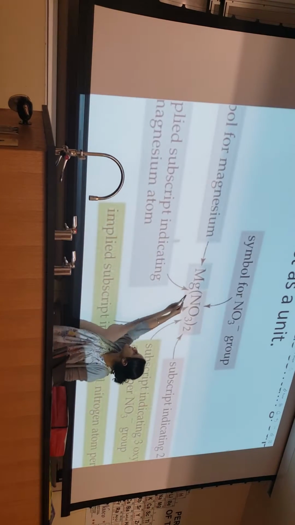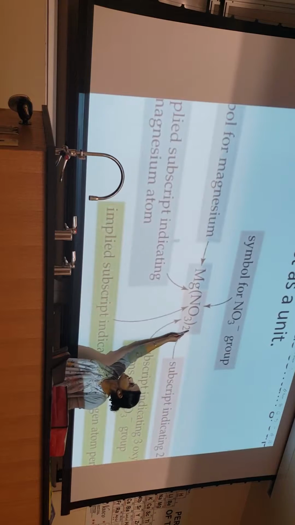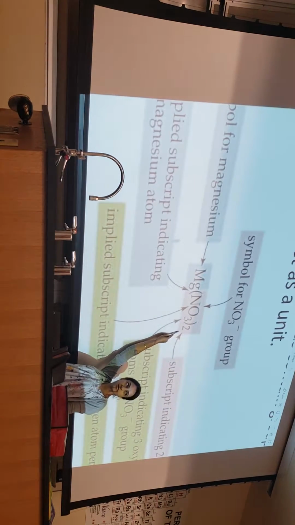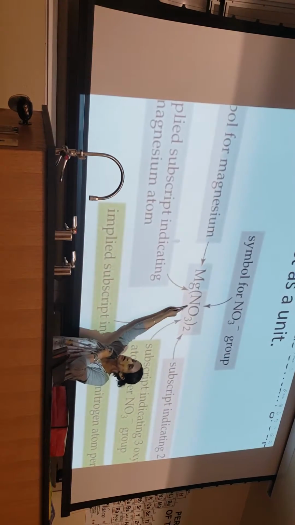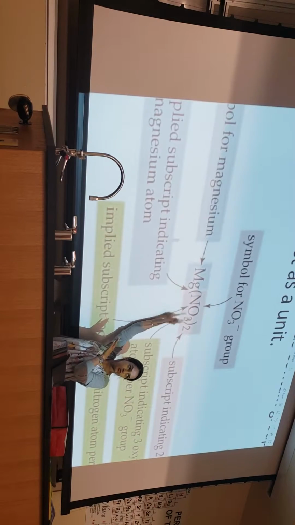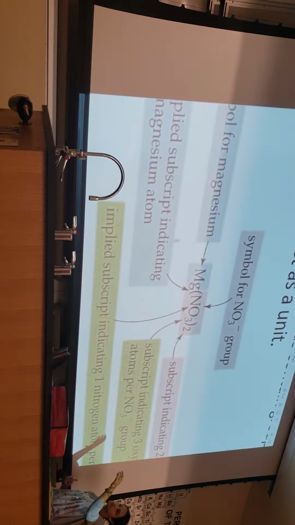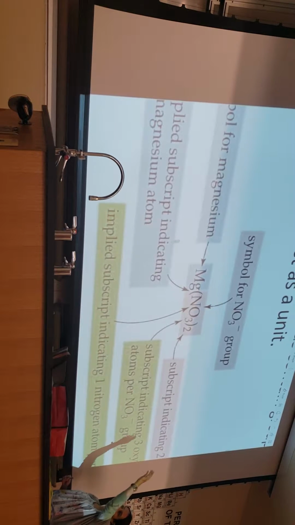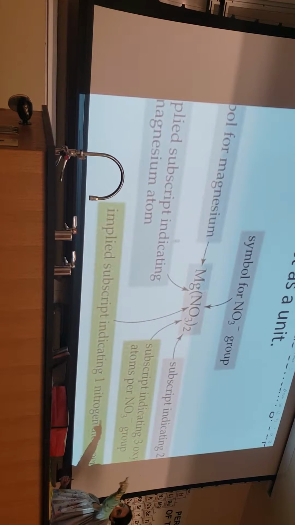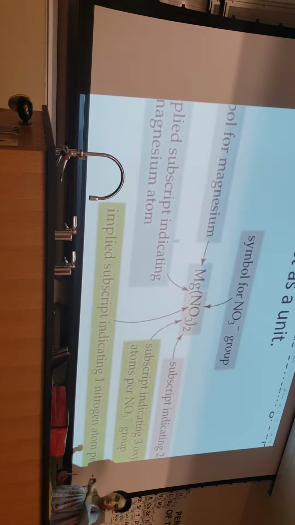You have parentheses, and there's a 2 outside of it, meaning you have 2 of these nitrate ions, 2 units of it. So here the relationship is you have 2 units of nitrate for every 1 magnesium.